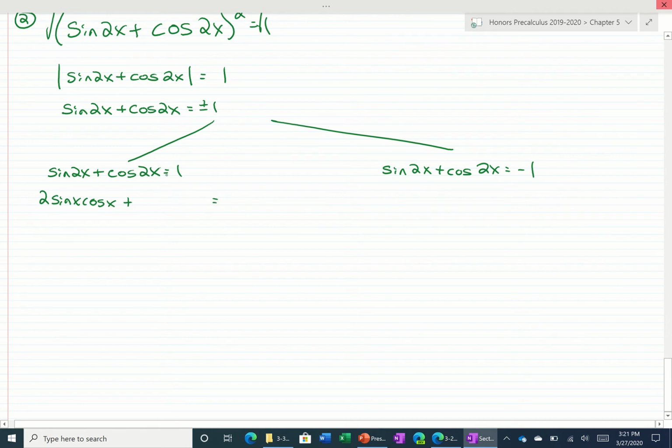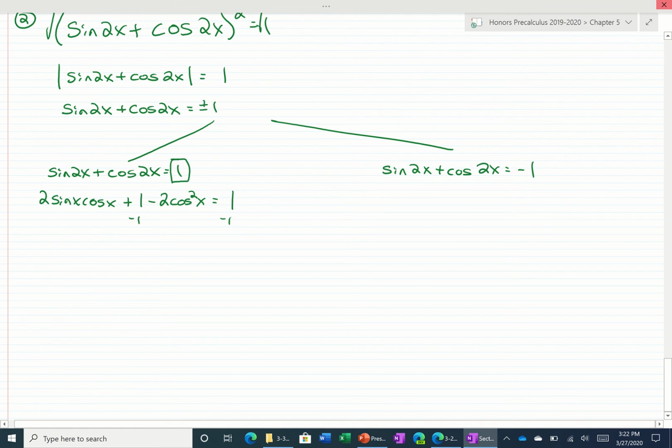One thing I'm just seeing is this 1 over here. If we bring it over and we want to make it equal to 0, I want to try to use this formula, 1 minus 2 cosine squared of x, because if you subtract 1 on both sides, it'll equal 0.